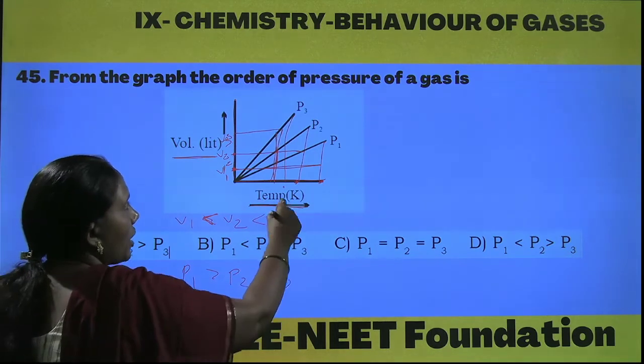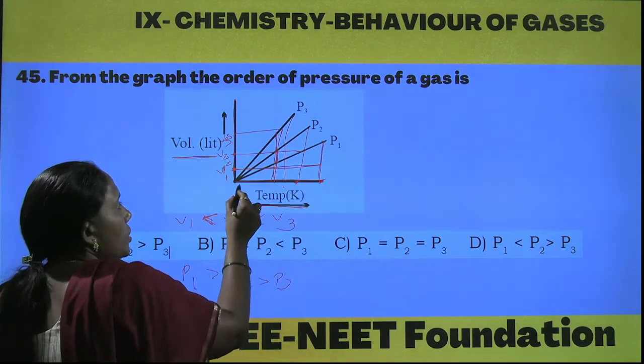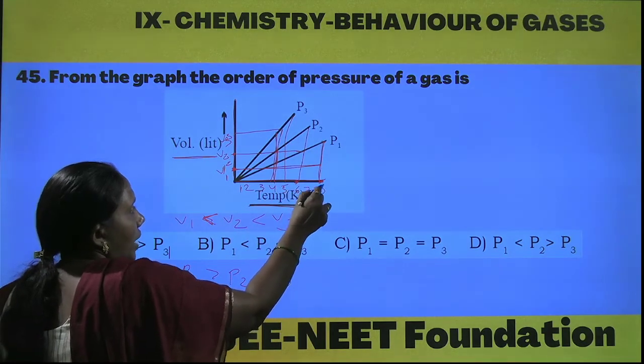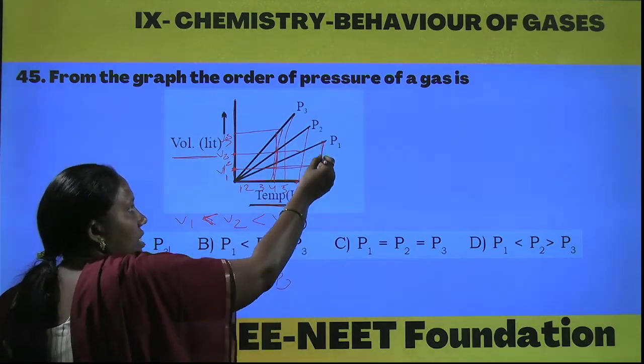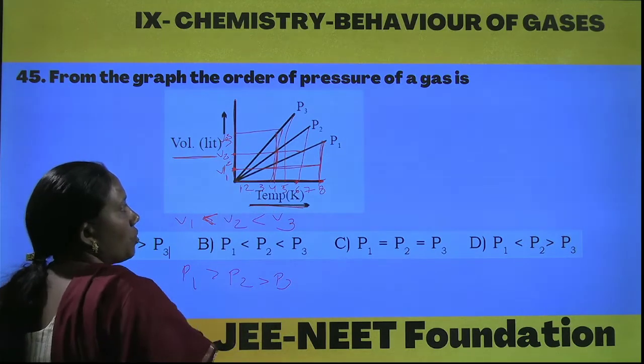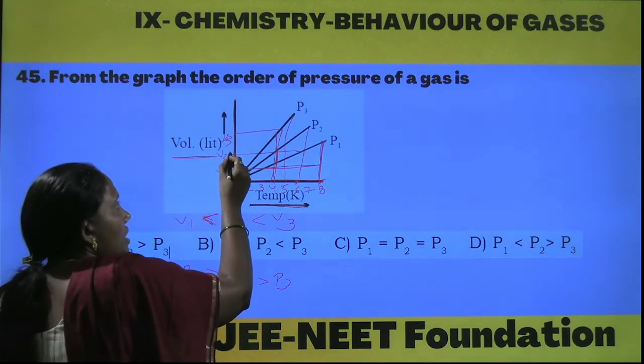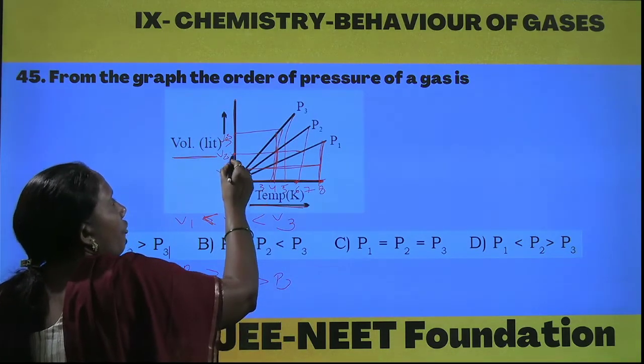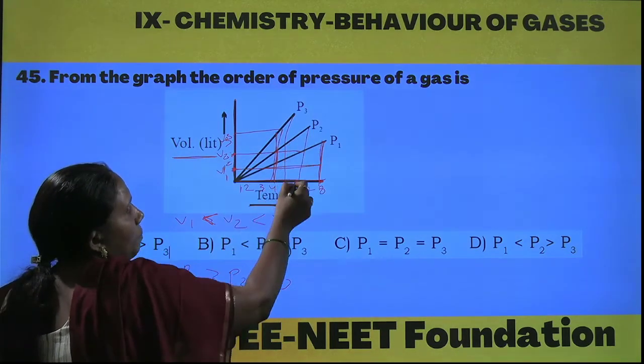In this graph you can identify P1 is here. Suppose you start 1, 2, 3, 4, 5, 6, 7, 8. When V1 is 1, P1 is 8. V2 is 2, then P2 is 6.